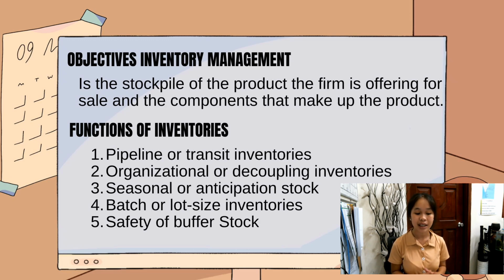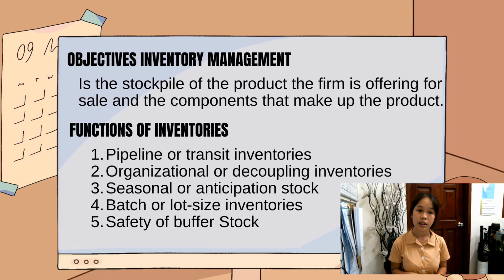So first we discuss the pipeline or transit inventories. These are inventories which are being moved or transported from one location to another, and they fill the supply pipeline between stages of the entire production distribution system.